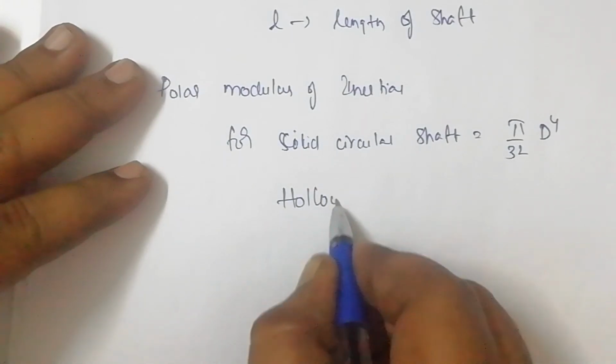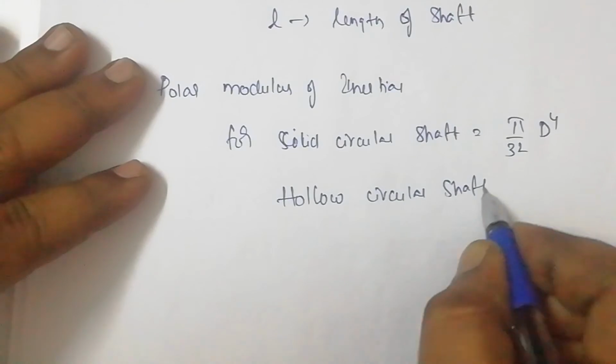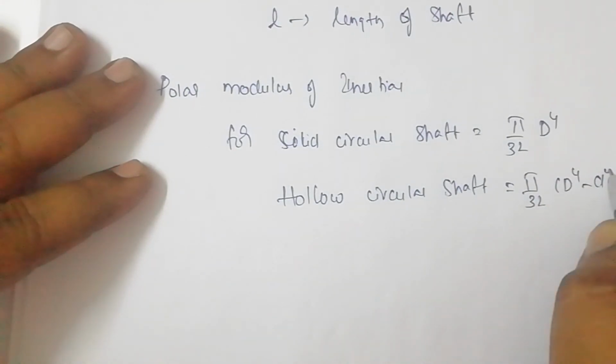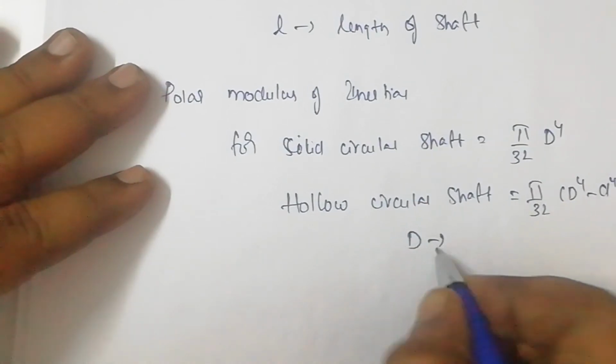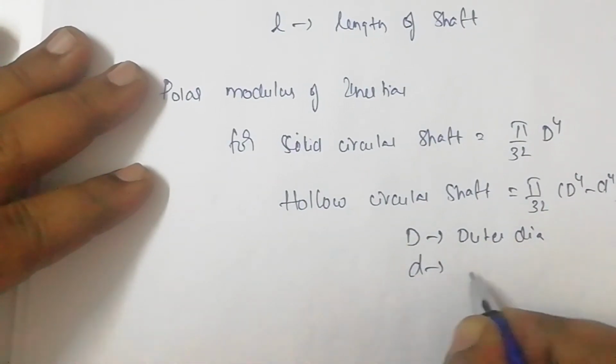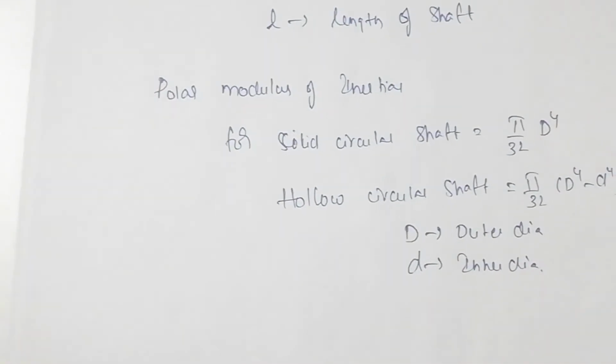For a hollow circular shaft, the value will be pi by 32 of D power 4 minus small d power 4, where capital D is the outer diameter and smaller d is the inner diameter. So these two values you have to remember.